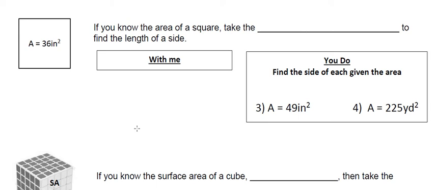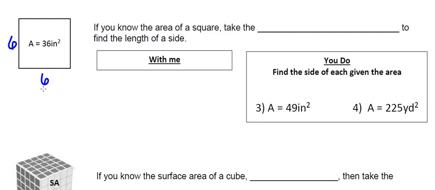Well, if we think about this right now, we know that to get the area of the square, you have to do some number times another number. If it's a square, it means that whatever number I have here has to be the same number as I have here. I happen to know that the only number that I can multiply by itself to get 36 happens to be 6.